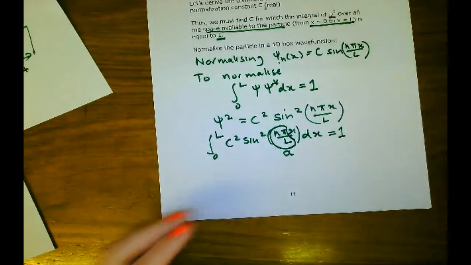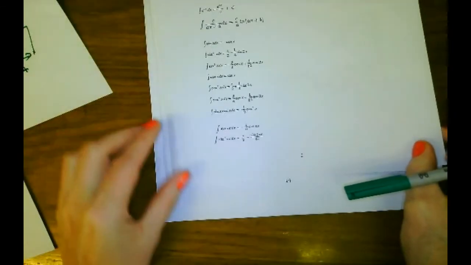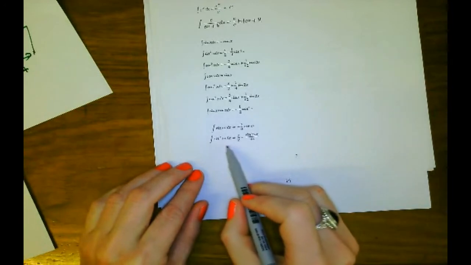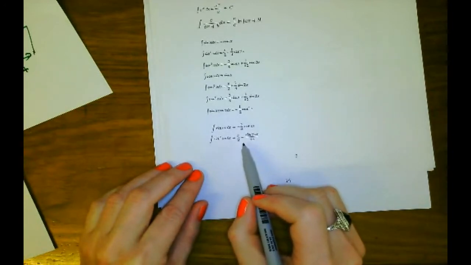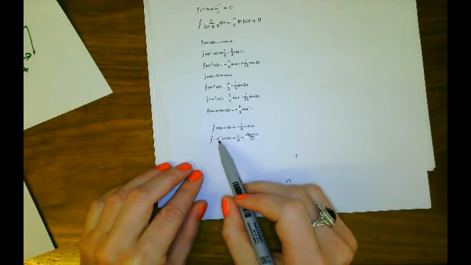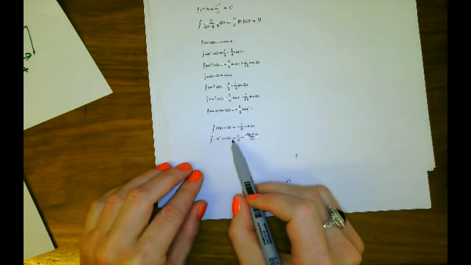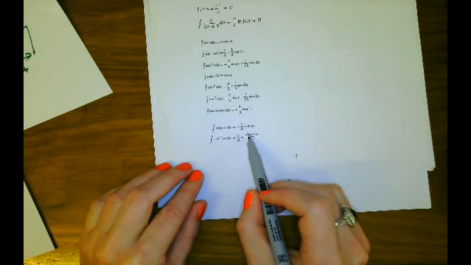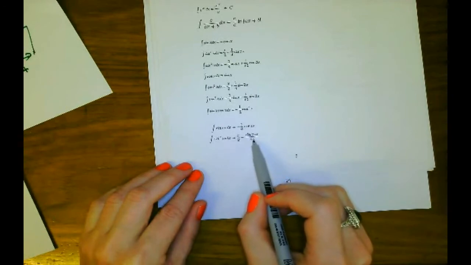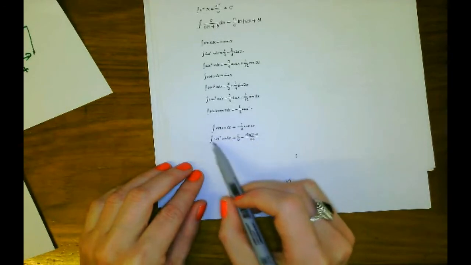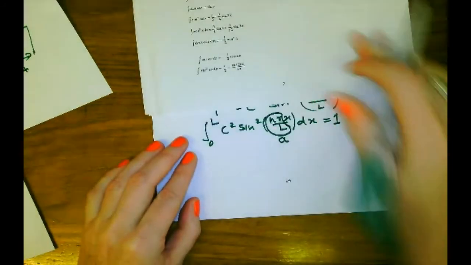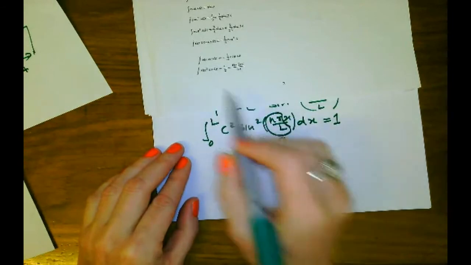If you have a look at your data sheet, you will notice at the bottom of page 2 there is an integral that says sine squared ax dx is equal to x over 2 minus sine 2ax over 4a. So this is the one that we're looking for. Why? Because we have a sine squared ax.